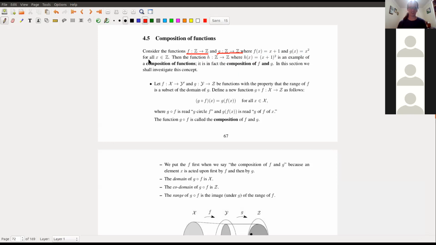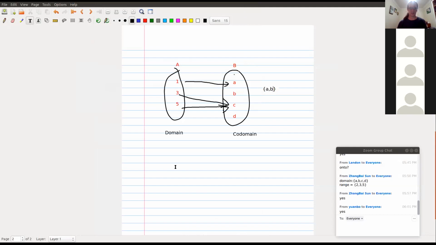I'll just write this out, it's important. So we've got f of x equals x plus 1. Uppercase there. G of x equals x squared.